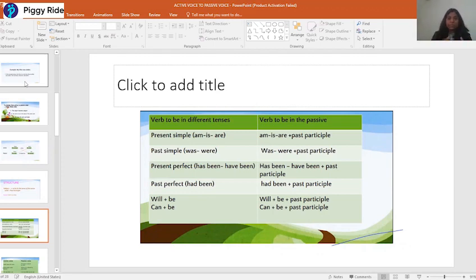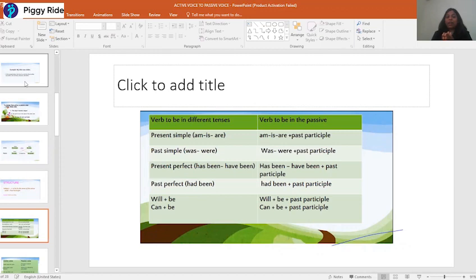Again, the next part, past perfect, which is had been. So had been plus the past participle. Okay, will plus be, can plus be. So will plus be plus past participle, can plus be plus past participle.